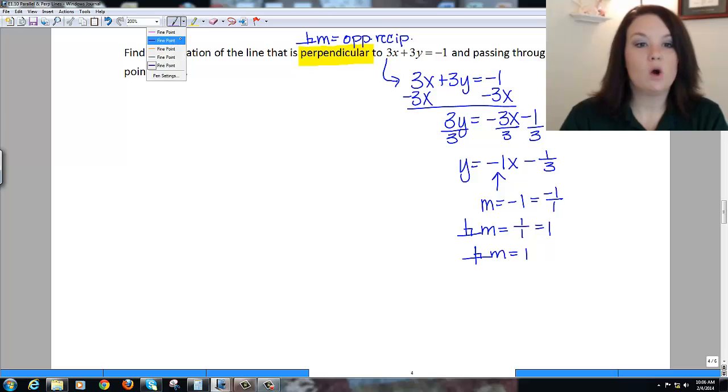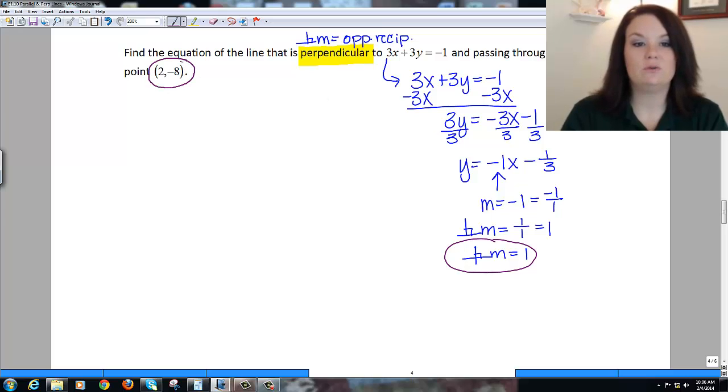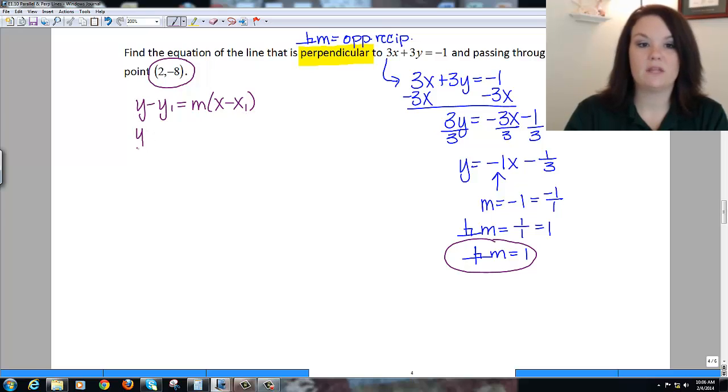So now that I know what slope I need to use for my line, I look to see what point they gave me, which is here 2, negative 8, and I'm going to plug those into my point slope formula, which is y minus y1 is equal to m times x minus x1. So I do y minus the y that they gave me, which is negative 8, is equal to my slope, which is 1, times x minus the x that they gave me, which is 2.